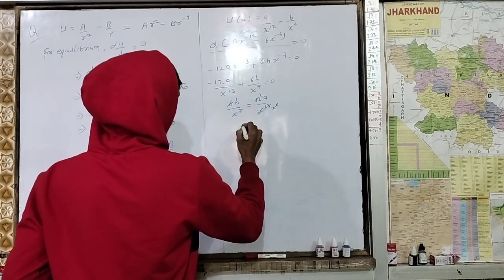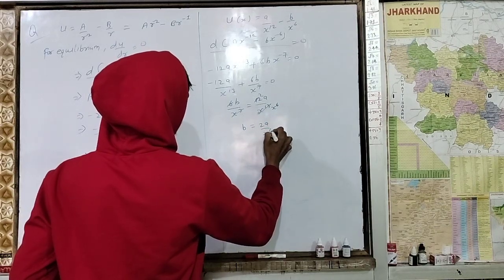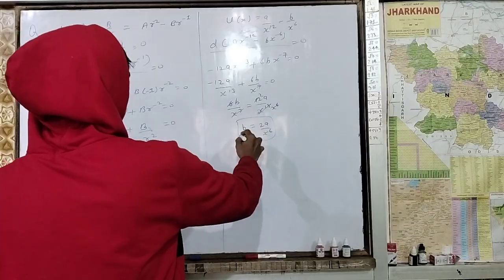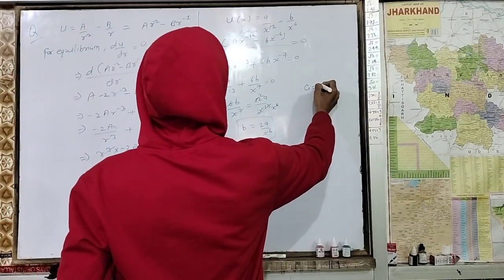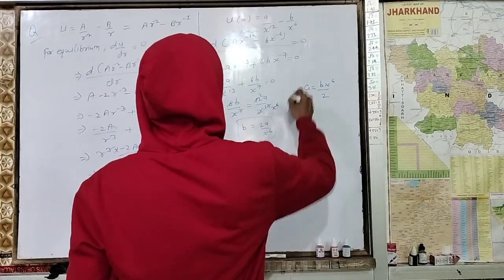It means we got the value of B is equal to 2A upon x raised to power 6. Am I correct? So the value of B is this much, and the value of A would be equal to B x raised to power 6 upon 2.